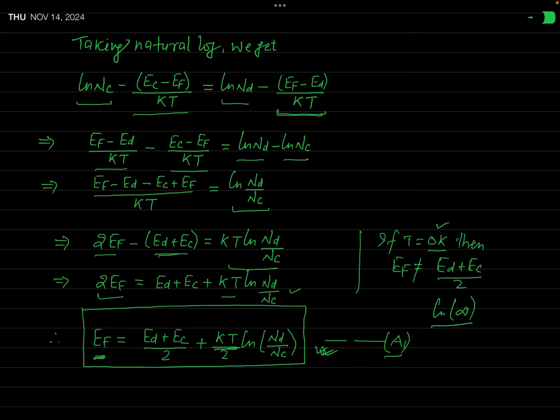So you can't say that at 0 Kelvin temperature, EF is simply equal to this much and this second term vanishes. If anybody doesn't think seriously about this Nc or the temperature dependence of Nc, then such a person wrongly says that at 0 Kelvin temperature EF is equal to Ed plus Ec over 2. But that is wrong.